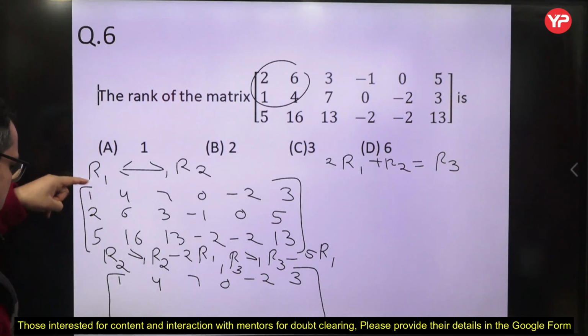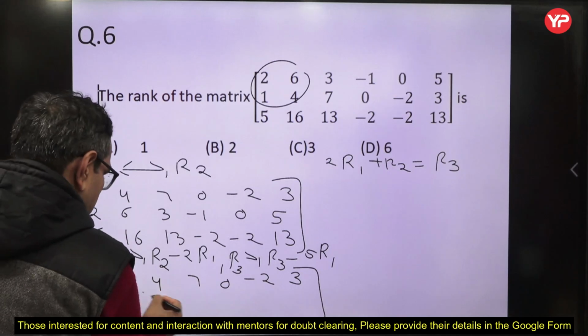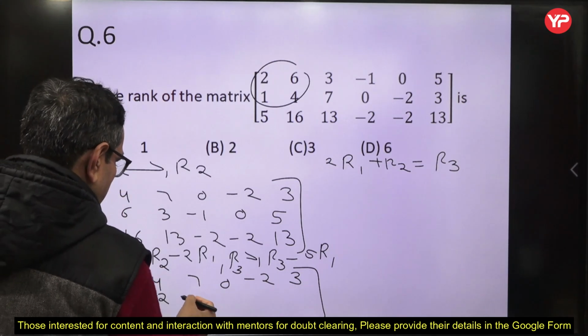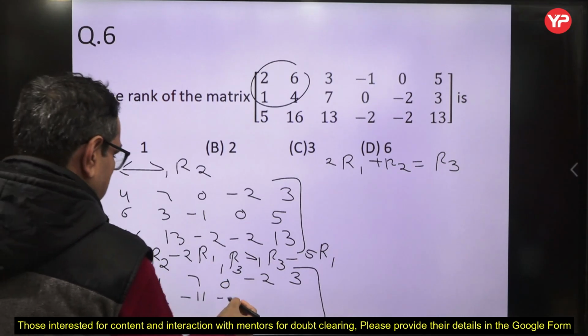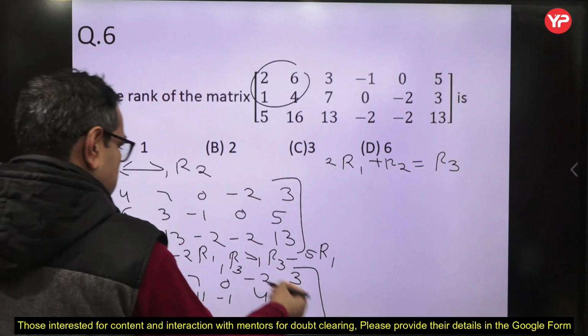Then we are having 2 minus 2 0, 6 minus 8 is minus 2, 3 minus 14, so minus 11, minus 1, 4, and 5 minus 6 is minus 1.